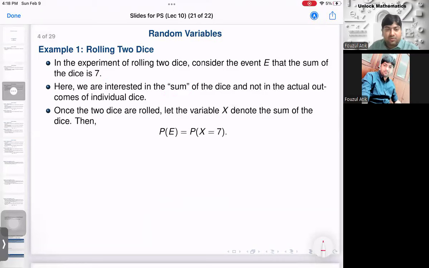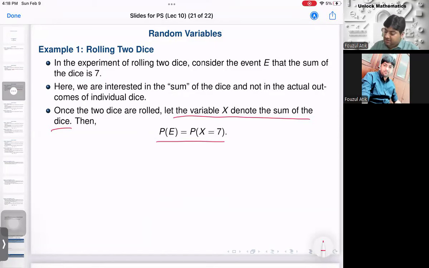And therefore, once the two dice are rolled, let the variable X denote the sum of the dice. So we define a new variable X, which says the sum of the dice. Therefore, the event E is X equal to 7, and the probability of the event is P of X equal to 7.